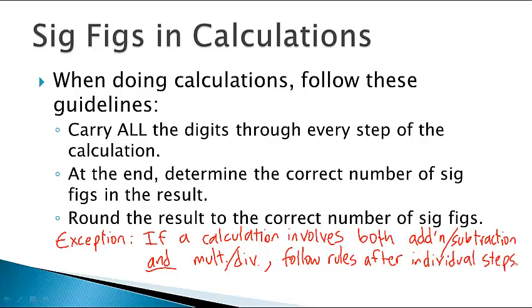So follow the rules after individual steps. So for example, if you had 3.5 plus 8.4 divided by 121.